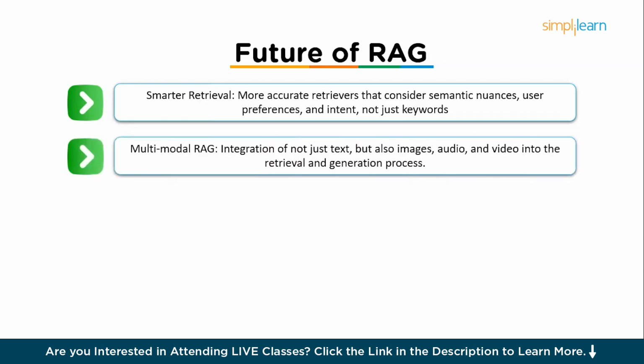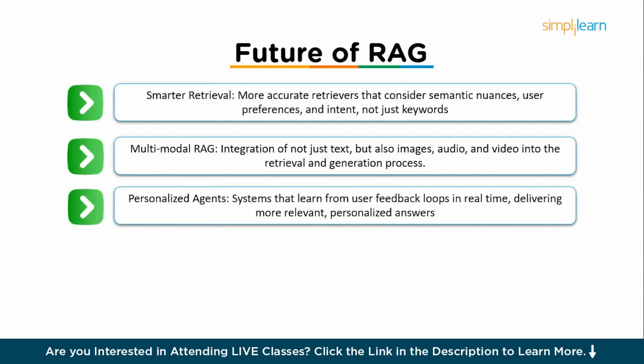Then we have multimodal RAG, that is integration of not just text but also images, audio and video into the retrieval and generation process. Then we can even expect personalized agents, that is, systems that learn from the user feedback loops in real time, delivering more relevant and personalized answers.